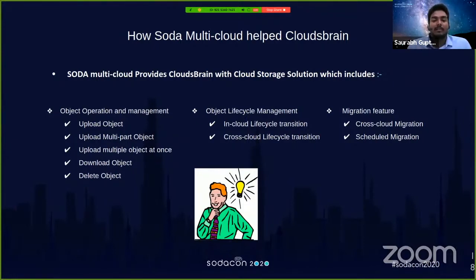So they have a feature of object lifecycle management, which is very important. Here you can perform in-cloud lifecycle transition or cross-cloud lifecycle transition. I'll be discussing this in the next slide. They also have provided us with a super cool feature, which is cross-cloud migration and scheduled migration. So I'll be discussing lifecycle in the next slide. So Ashit, can you please?